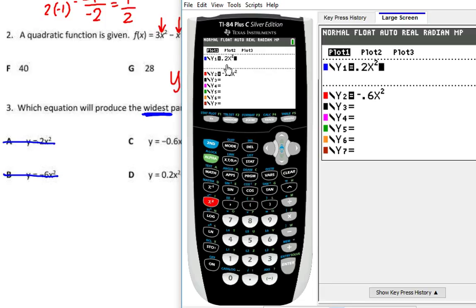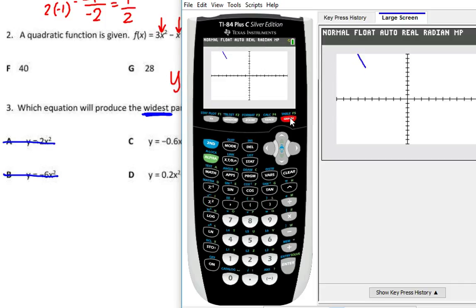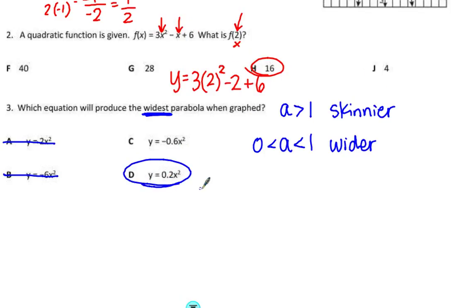My first graph that comes up is going to be 0.2x squared, and here comes the other one, that's the -0.6. So we can see that the blue graph is much wider, and that was the first graph that we entered, which is the 0.2x squared. All right, next one.